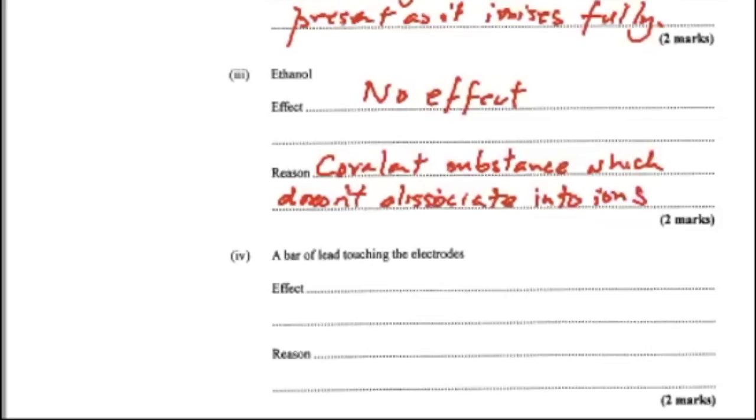And then they said if we have a bar of lead touching the electrodes, we would expect the bulb to glow in this case. So the bulb glows, and I'll just put my reason here as I'm not able to write it in the section for reason.